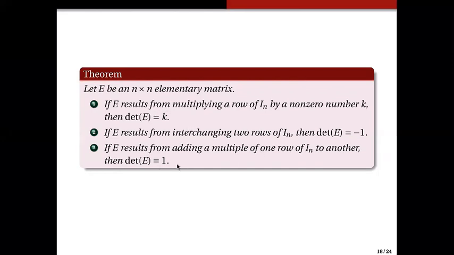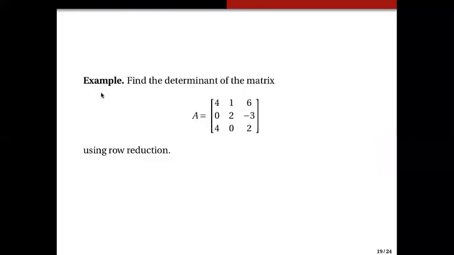So this theorem here is the same as the previous theorem, but we have a good matrix here, an elementary matrix. Okay? So, for example, find the determinant of this matrix using row reduction, meaning the methods that we just had.